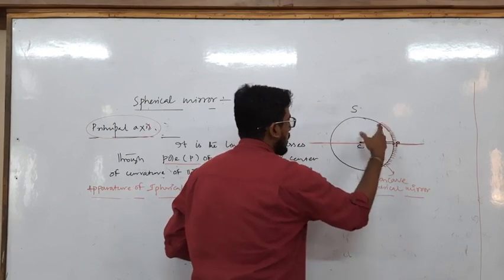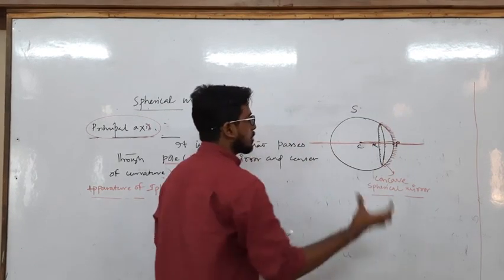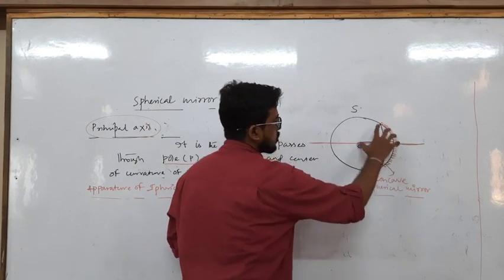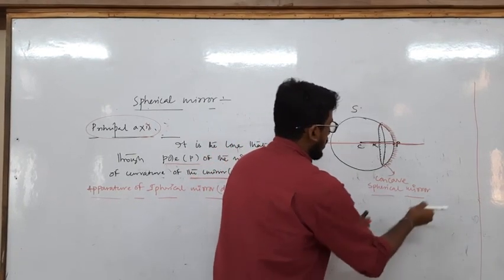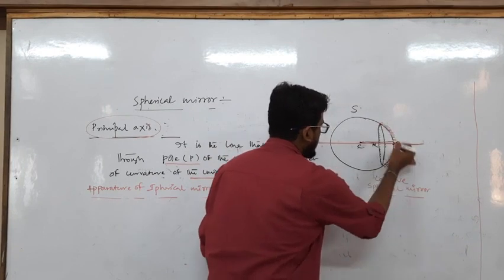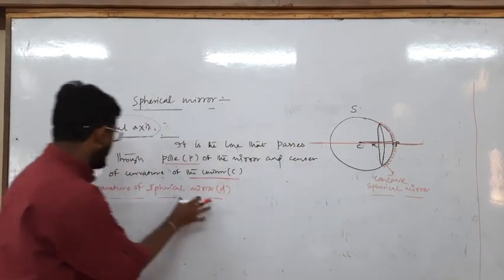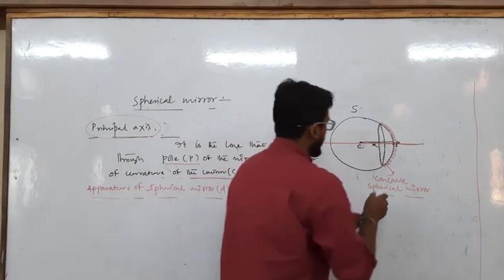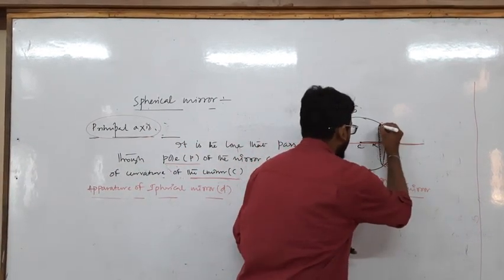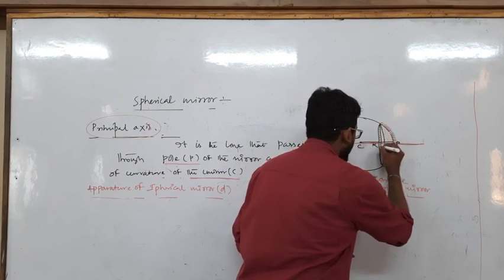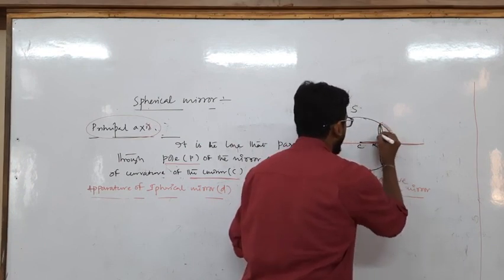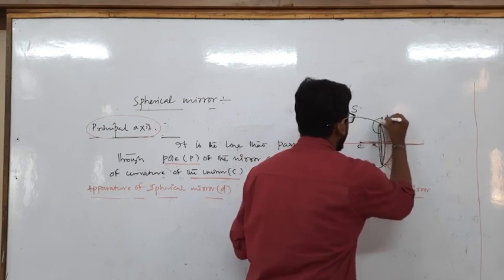Maybe this is the part of this complete sphere S, but actually the spherical mirror is this much. This is the spherical mirror we use. So the diameter of the cross section of this physical spherical mirror is known as what? Aperture of the spherical mirror. So here the aperture of the spherical mirror will be this much. This is the diameter of the cross sectional area of the physical spherical mirror. So this is known as the aperture, which is denoted by D.